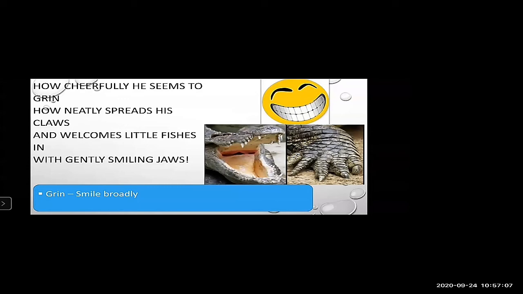The poem has given us information about the crocodile, which is a very harsh creature, but the poet has beautifully made it a little funny and very interesting with the good use of words.